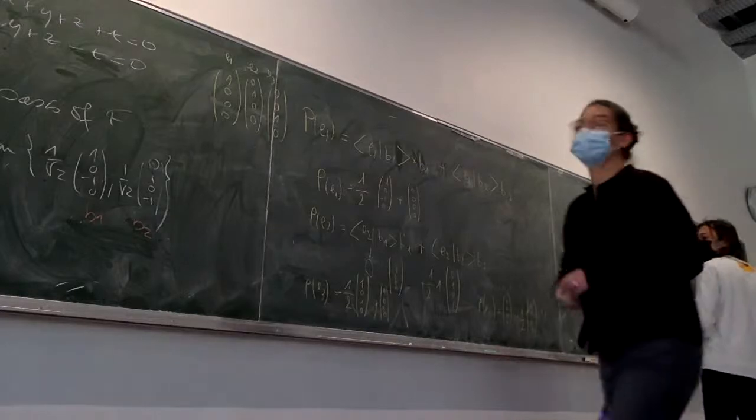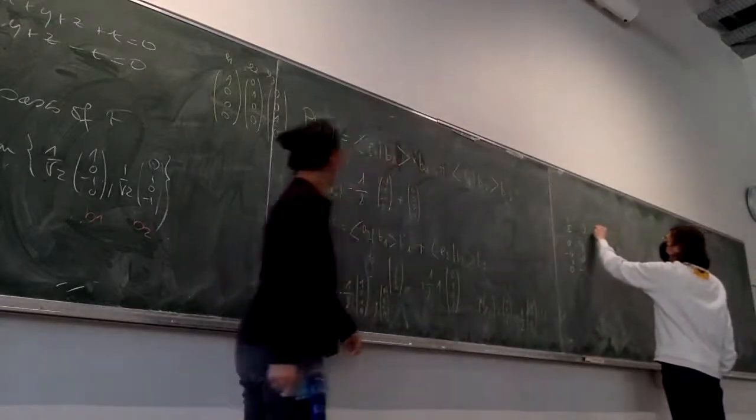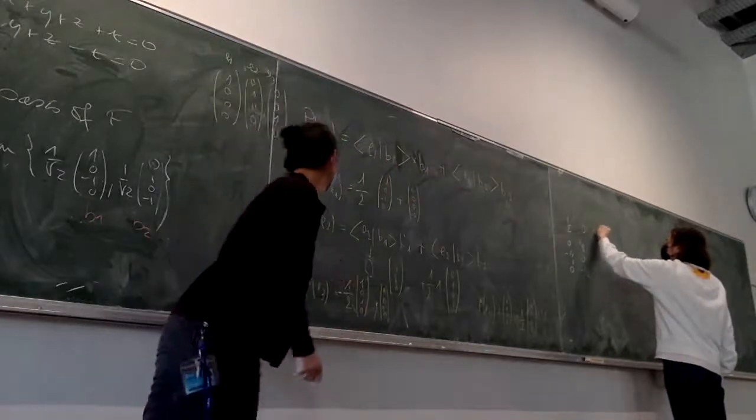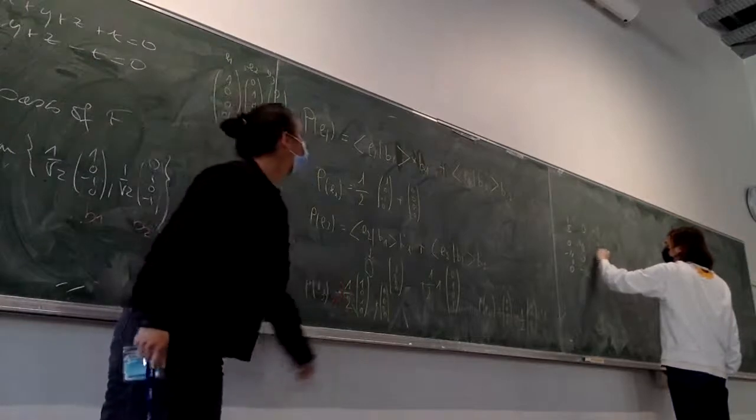So we get 1 over 2, 0, minus 1 over 2, 0, 1 plus 1 over 2, 0.